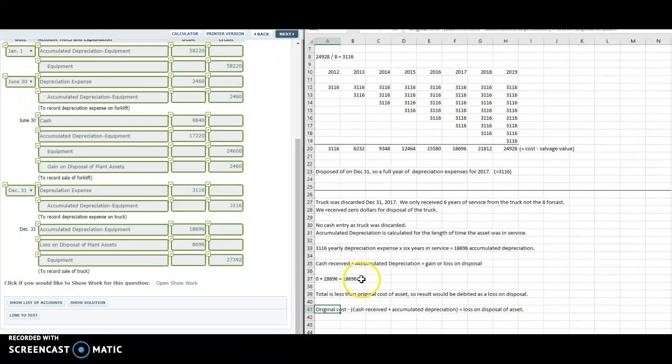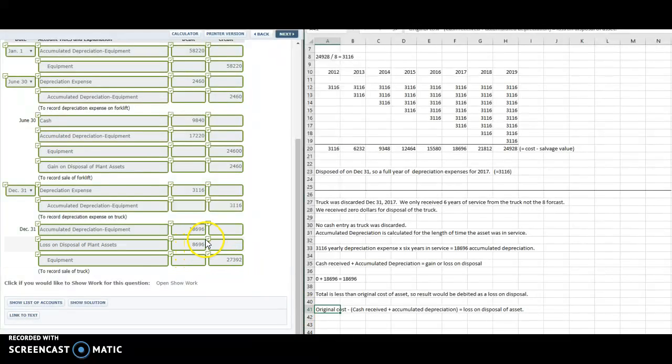So what we would do is we would take the original cost of our asset, which was $27,392, and then we would subtract our cash received, which again was $0, plus our accumulated depreciation, which was $18,696, and then that would give us our loss on the disposal of the asset, which is $8,696.